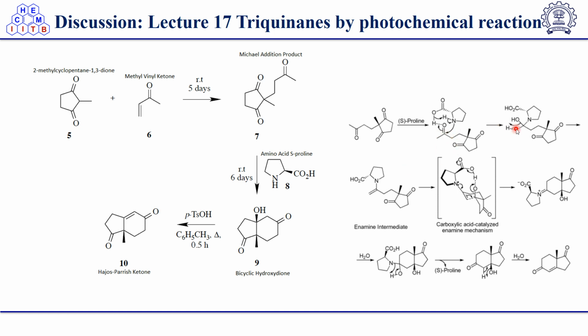It will abstract this proton, and it will attack at this position, and then corresponding to that a hydroxyl group will be formed, and then dehydration will give the corresponding Hajos-Parrish ketone. So this is a carboxylic acid catalyzed enamine mechanism. Different mechanisms are possible, and here they have given this amino acid S-proline catalyzed carboxylic acid catalyzed enamine mechanism.